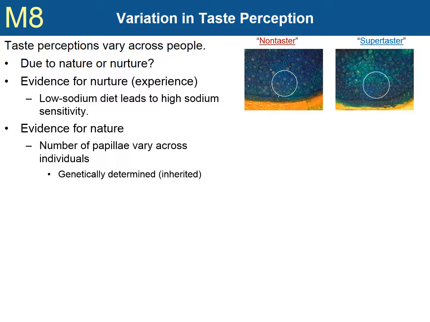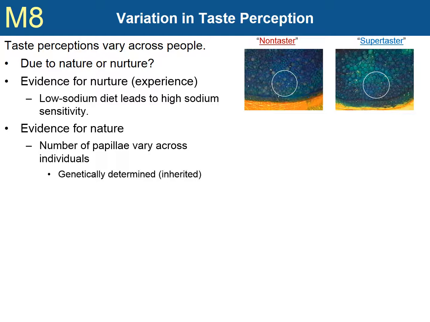There is also evidence for a nature or inherited component. The number of papillae vary a great deal from person to person. This is an inherited trait. Those with the fewest papillae are referred to as non-tasters, while those with the most papillae are referred to as supertasters.